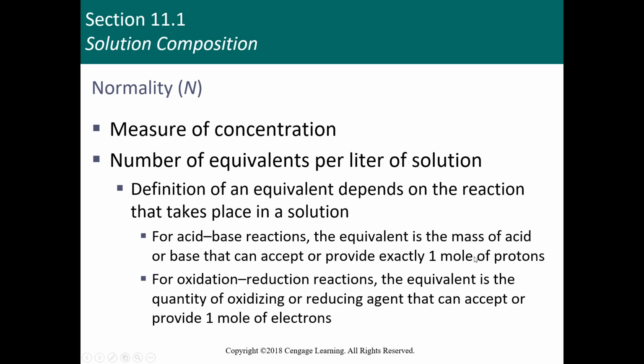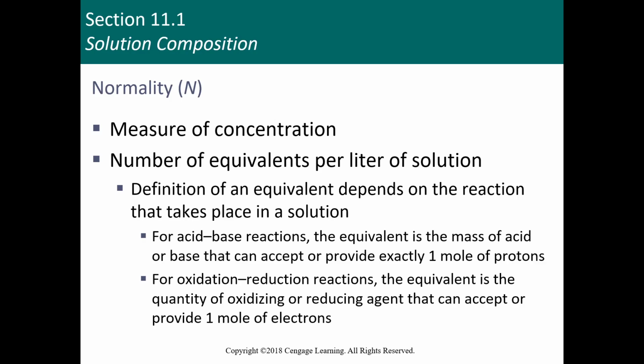So literally in HCl, or a monoprotic acid, 1 mole of it would give you 1 mole of protons. And so the normalities for HCl are the exact same as the molarities. There's no difference. All right, now, what if you had a diprotic acid?